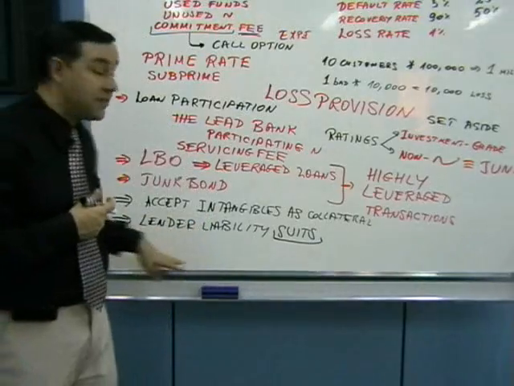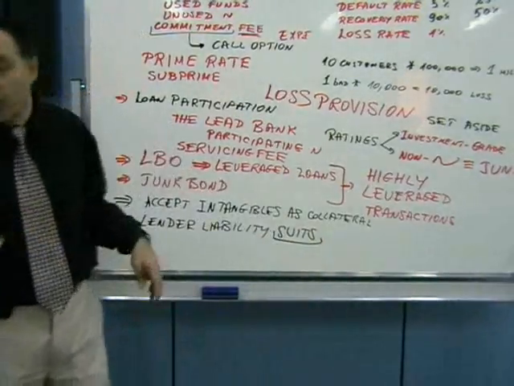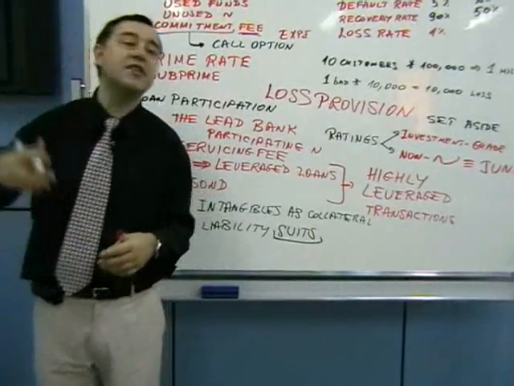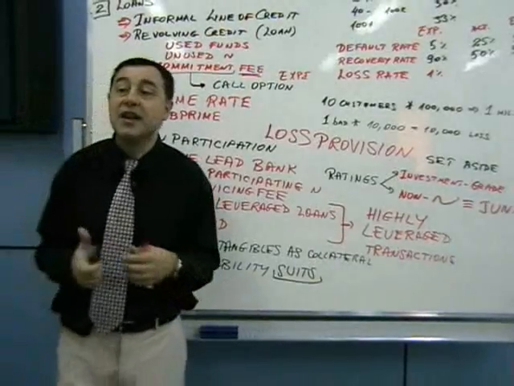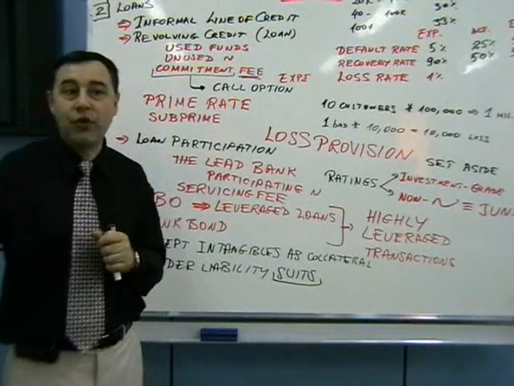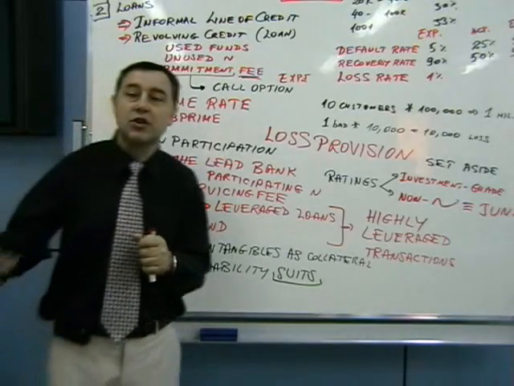The typical damage might be, number one, that the lender promised to give a loan but later didn't give it.